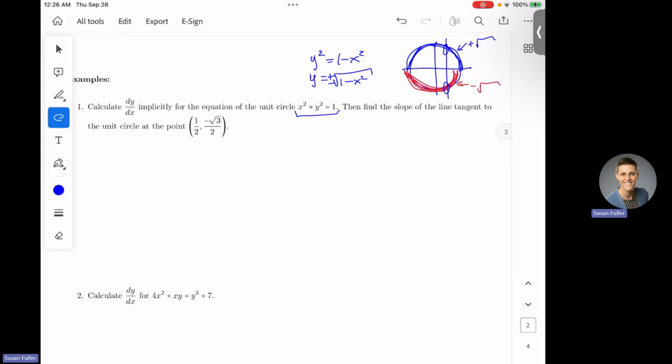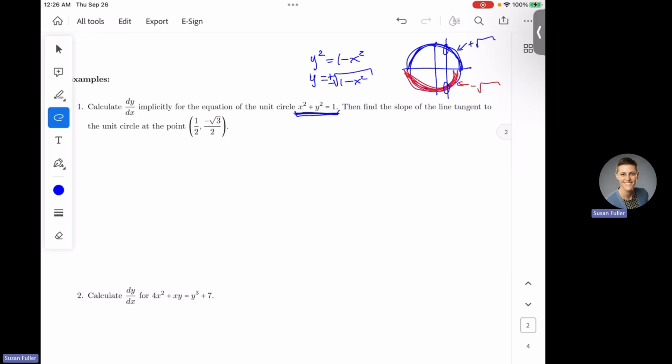I have to have two separate functions that I piece together to find the entire graph. So technically it looks like we can solve for y, but we can't encompass the entire circle with just one equation explicitly. So we're going to do this with the implicit equation like this, so we can get the entire circle with one equation.